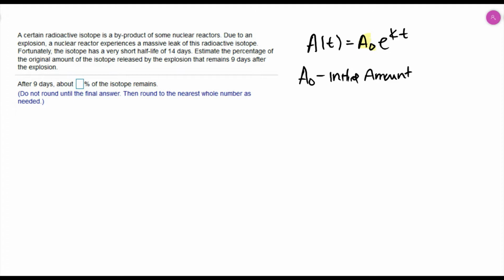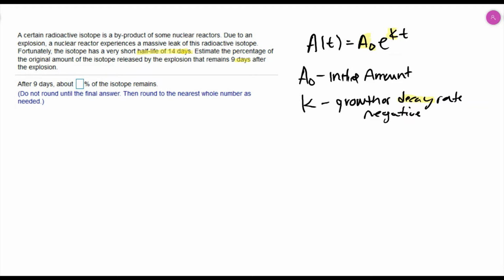The K is going to be our growth or decay rate. And because we're talking about the isotope having a half-life and how much of it remains after 9 days, this is going to be a decay rate, and this value will come out to be negative.